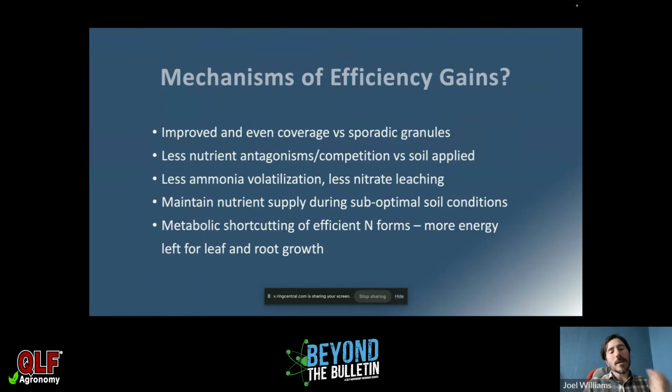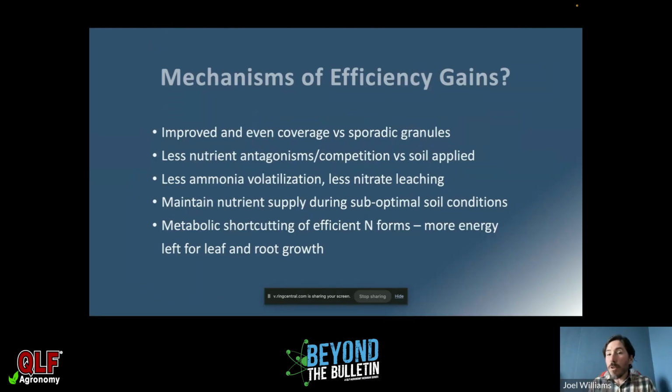And then the foliar is where we have greater control of what form of nitrogen goes into the plant. Because if you put nitrogen down into the soil, it will engage in all of those reactions which will change or convert the nitrogen into different forms. Whereas when we foliar apply it, you can ensure that you get that nitrogen into the plant in the form that you applied it.